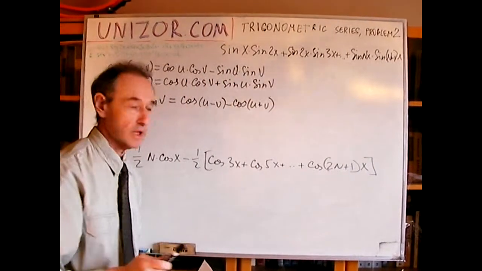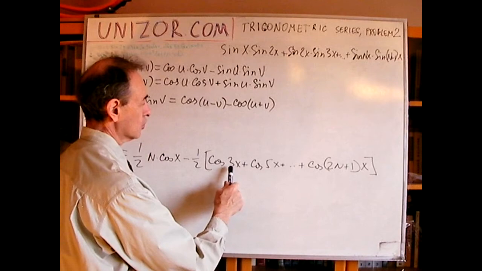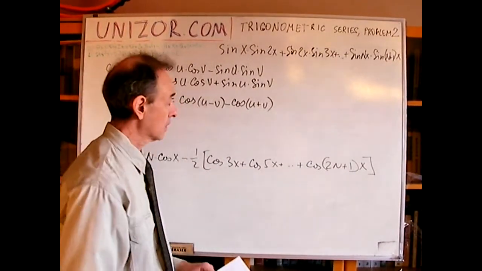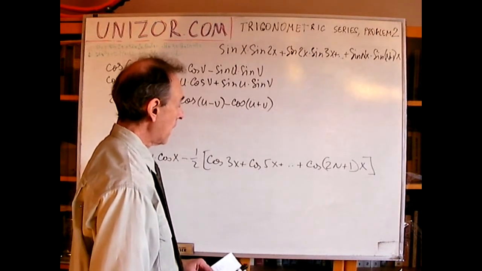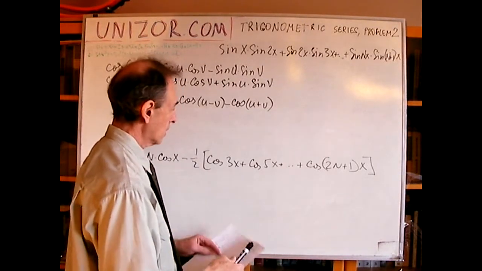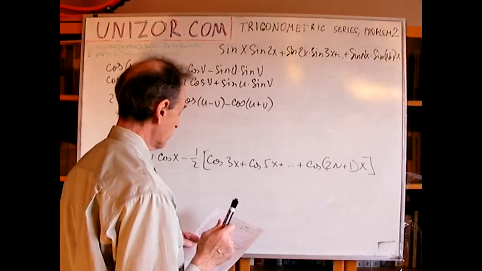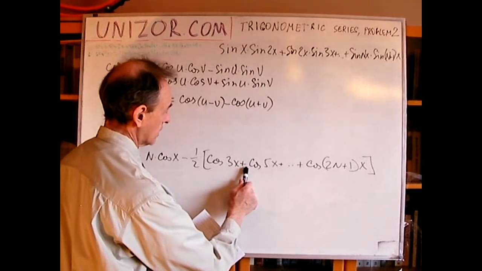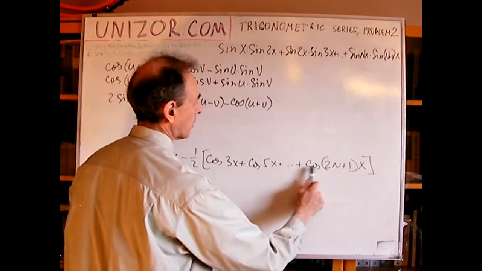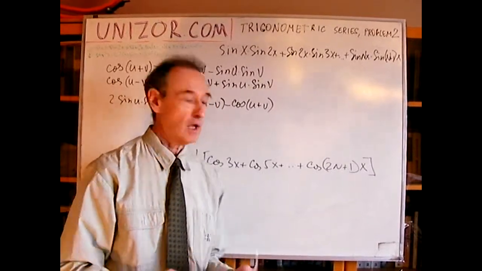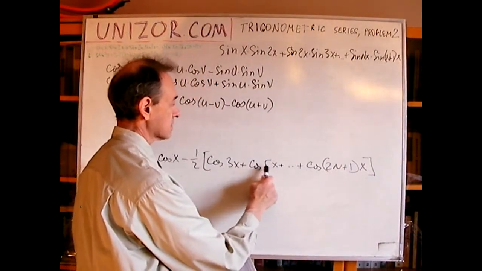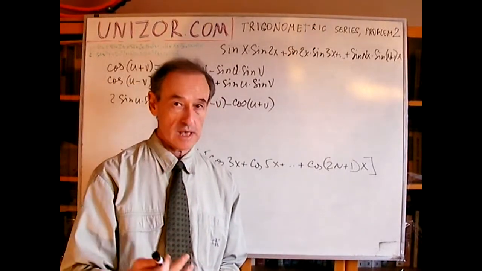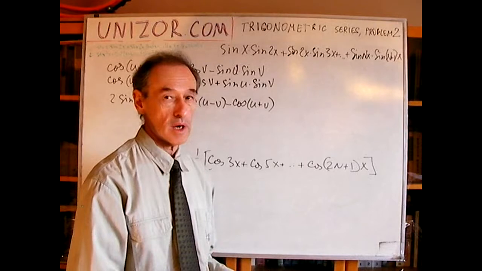It's very helpful in this case to multiply all the members of this trigonometric series by the sine of an angle which is half of the difference between consecutive members. So the difference is always 2x, right? 3x, 5x, 7x, etc. So the half of this distance is x.